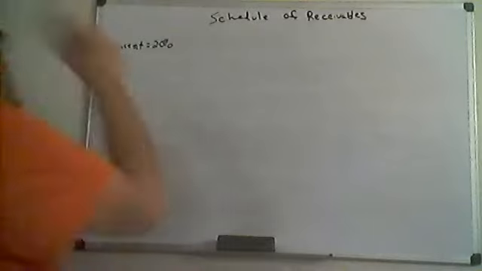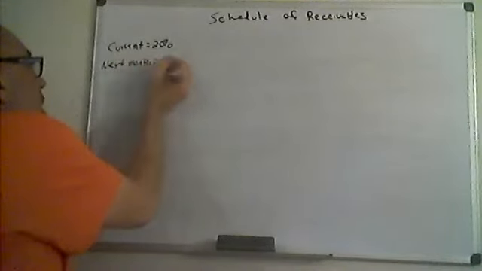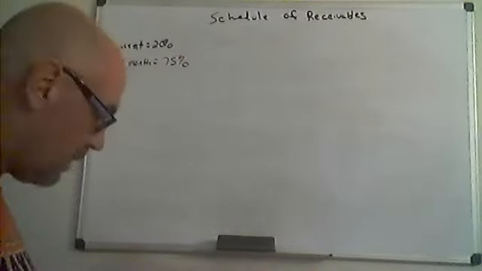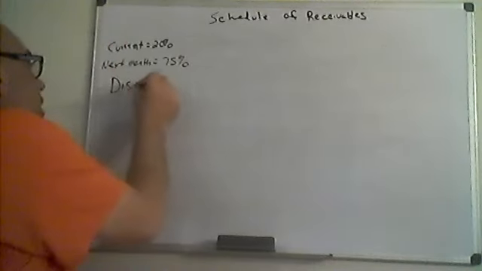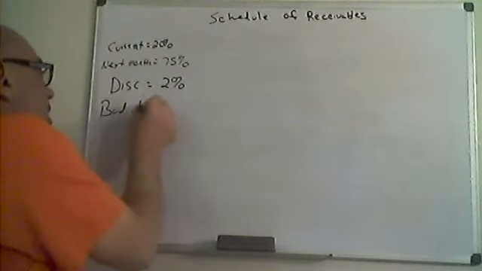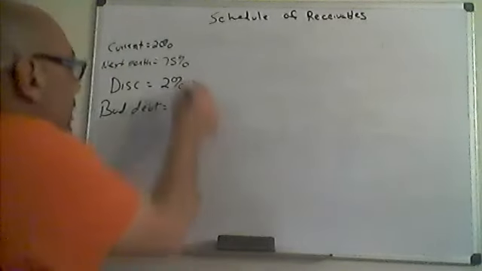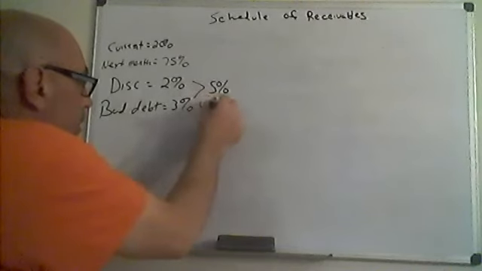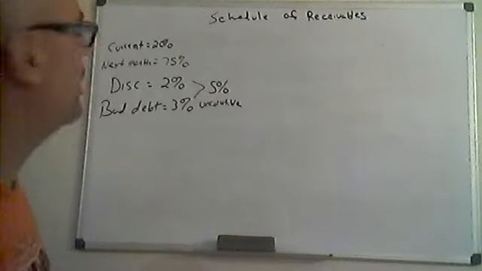It also tells us that in the next month we are going to collect 75%. We are also giving a discount of 2% and a bad debt of 3%. So those two combined are 5% uncollectible. That's important to know going forward.